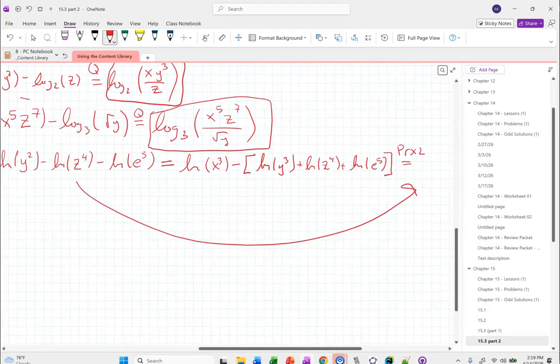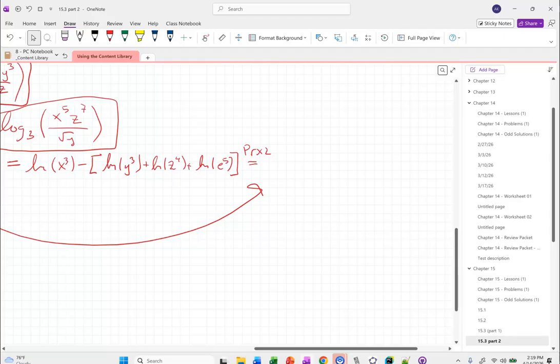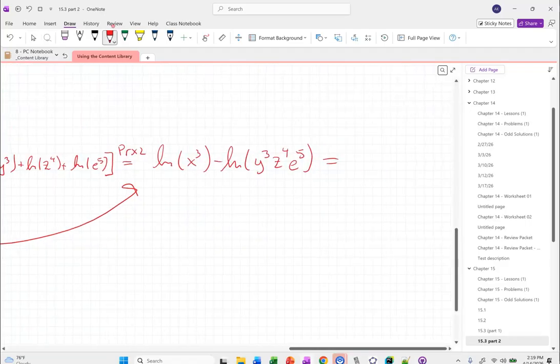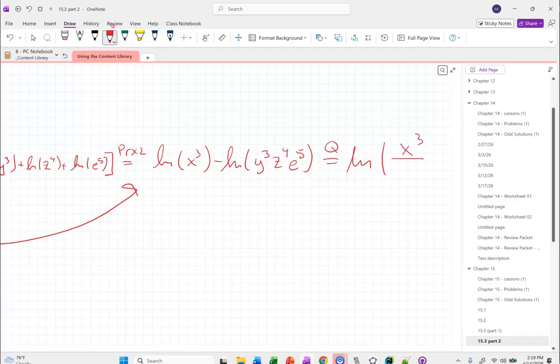That's okay. You don't have to give me that in between one. And then we can do the quotient property as our last one, and we'll be done.